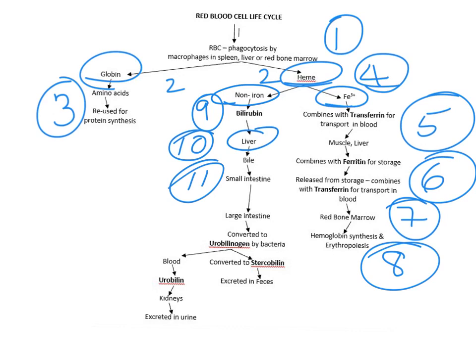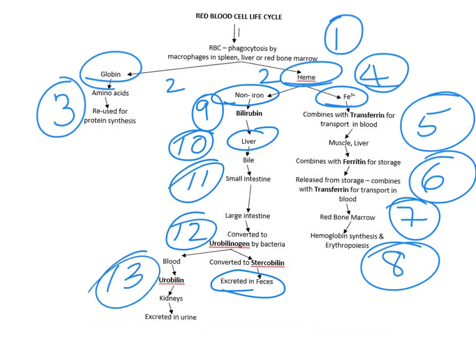From the small intestine, it will then go into the large intestine and be converted by bacteria into urobilinogen, and then it has two possible fates. It can either be converted to stercobilin and excreted in the feces, or it can go to the blood and be released from the kidneys in the form of urobilin. So this was number 13, and this was number 14.